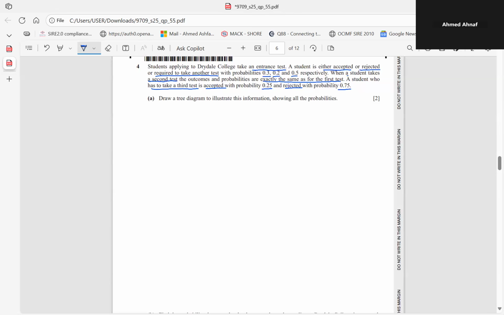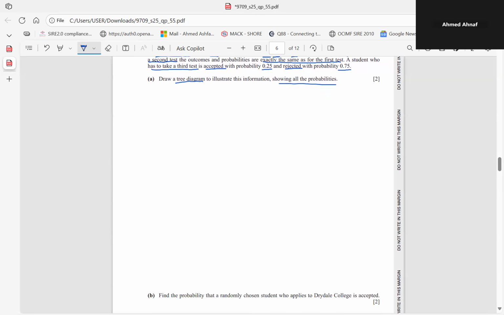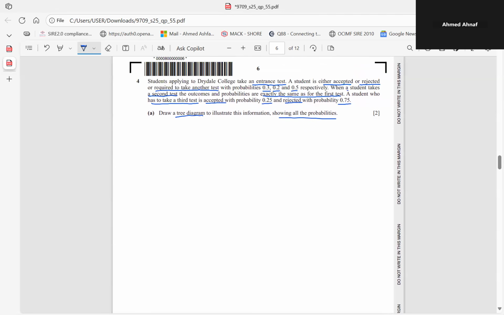For the first part, we have to draw a tree diagram to illustrate this information, showing all probabilities. First, let's draw the first stage when the students take the first entrance exam.